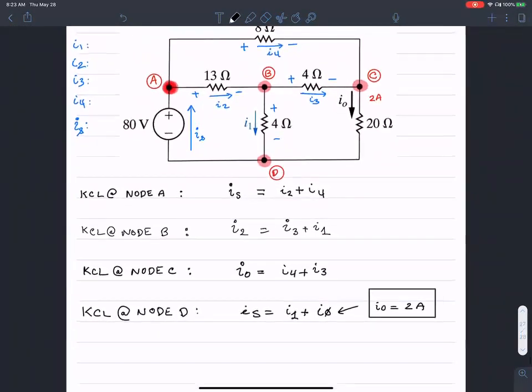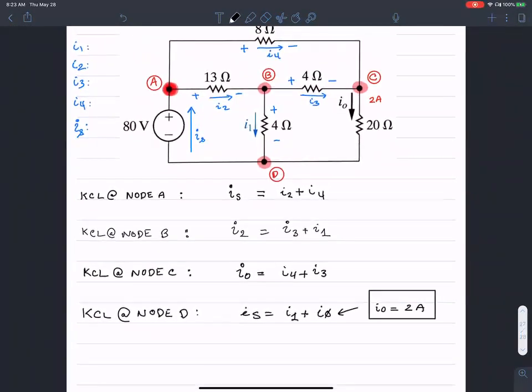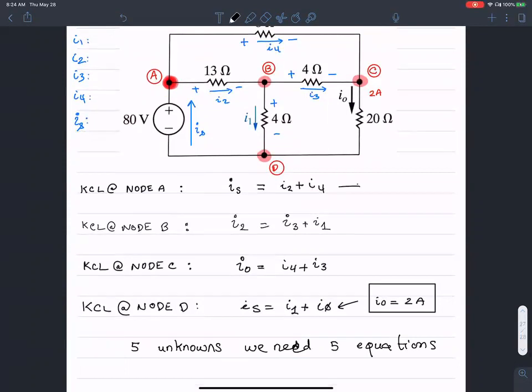Well, in order to solve for 5 unknowns, I need 5 equations. But it only seems that we have 4 equations here: equation 1, 2, 3, and 4.